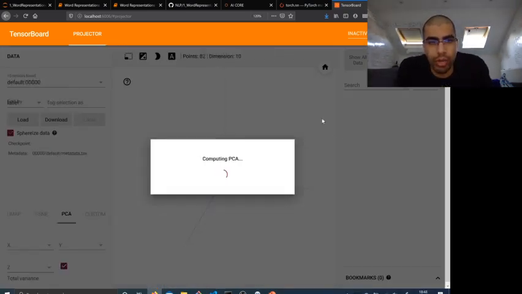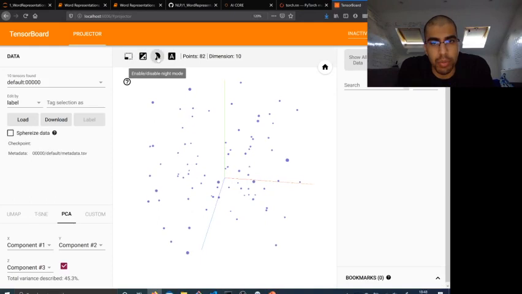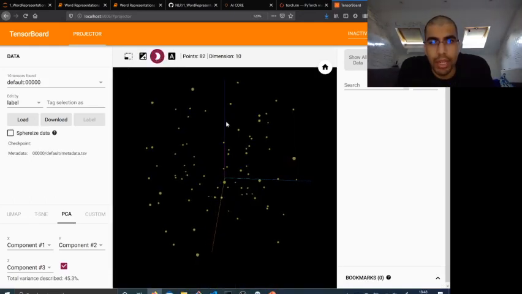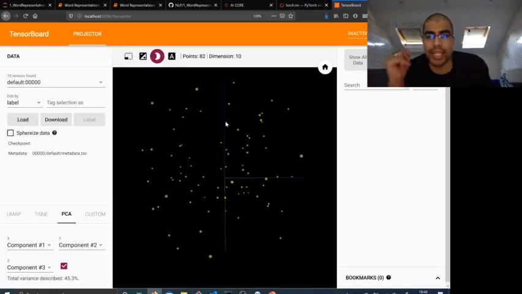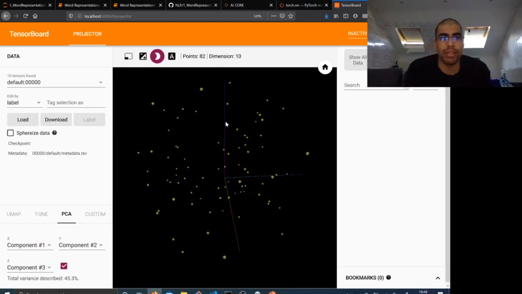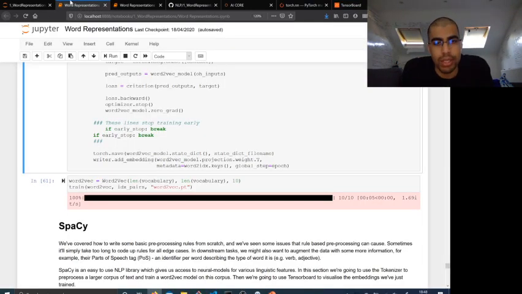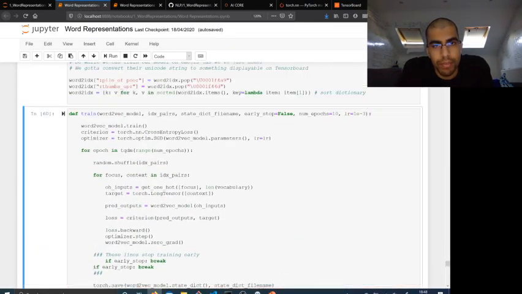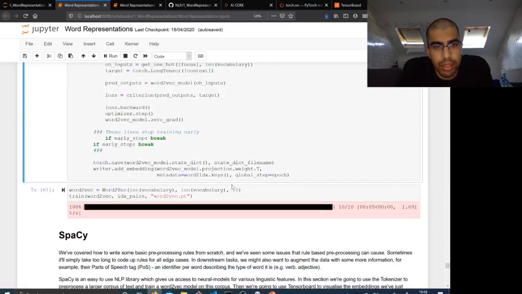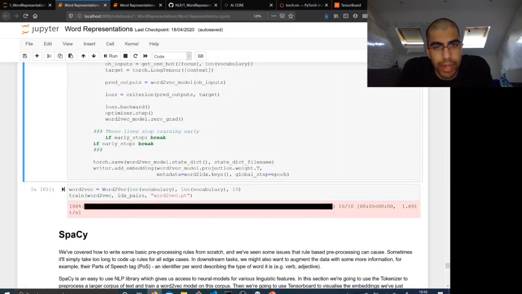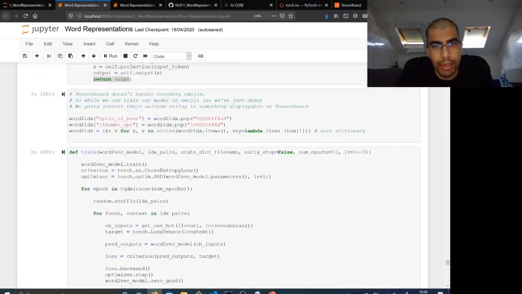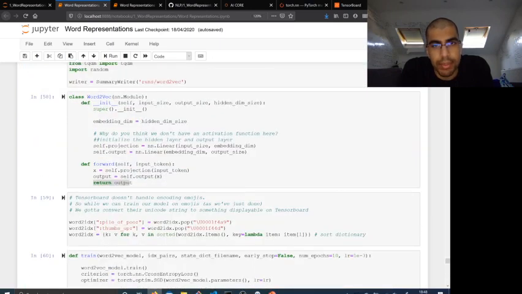And this is a really, really cool feature of TensorBoard. We can visualize our word embeddings projected down to three-dimensional space. Our word embeddings that we did here were Word2Vec 10 dimensions, right? Our hidden dim size is 10.